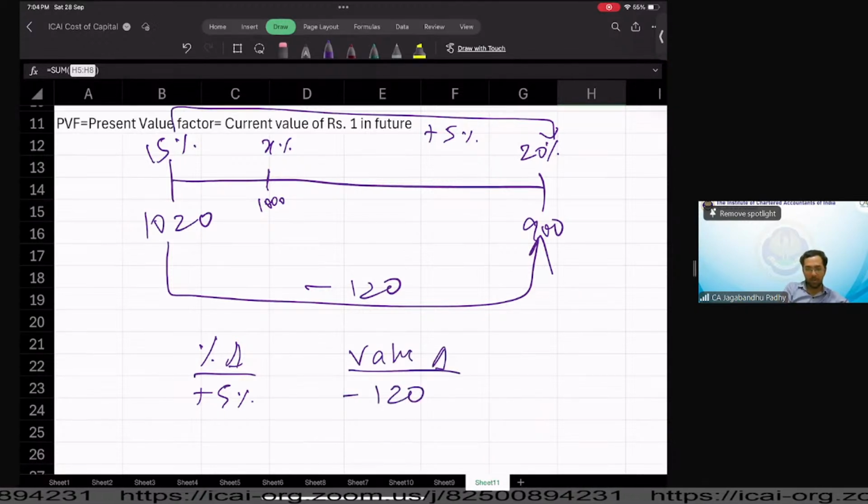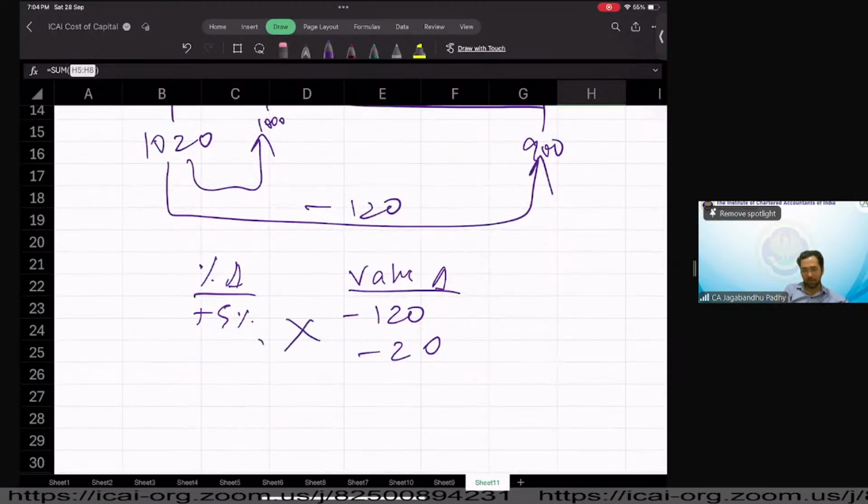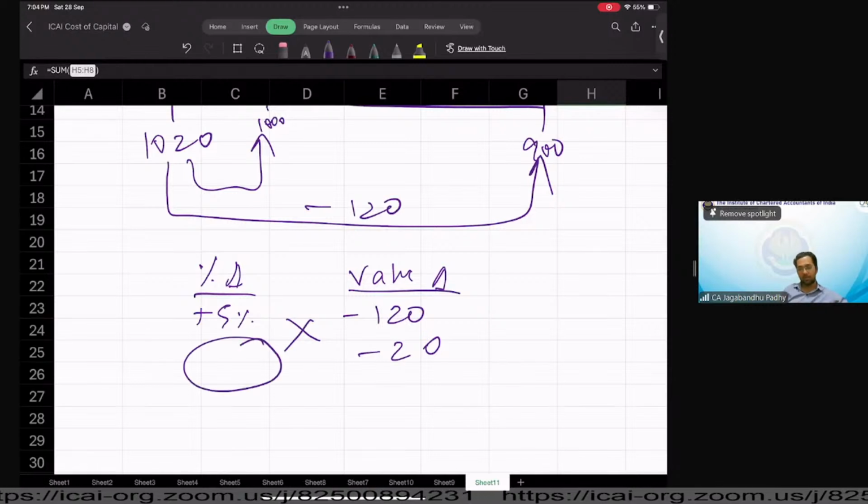We want to reduce the value by just 20. So simply doing the cross multiplication will give us this percentage. So 20 into 5 divided by 120 gives us positive 0.833.